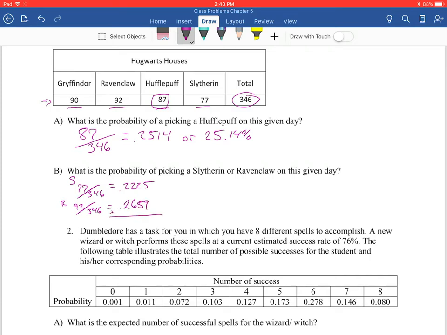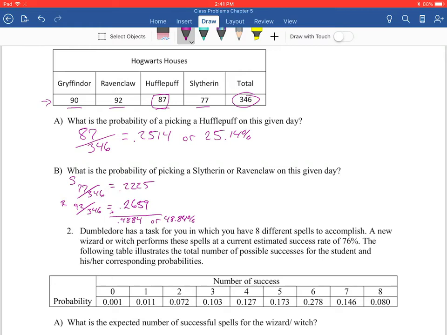Since we can pick a Slytherin or Ravenclaw here, you can take these two percentages and add them up, and you get a value of 0.4884, or 48.84%. So that is the probability of picking a Slytherin or Ravenclaw on that given day. That's one way you can tackle it.